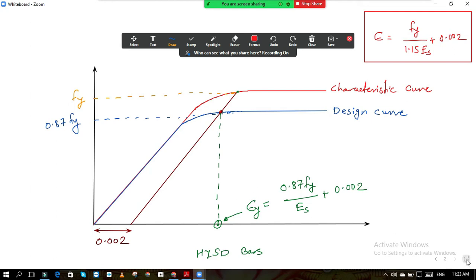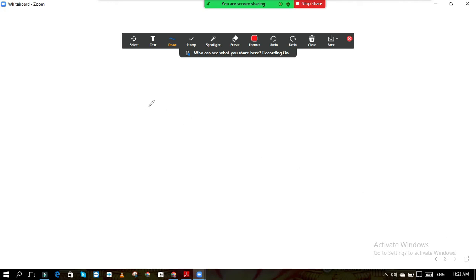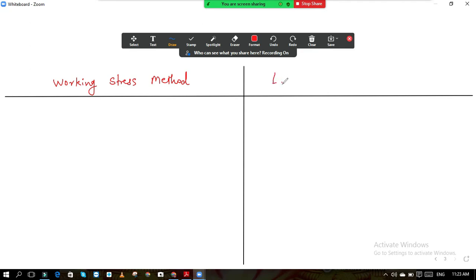Now next I will give you some points of difference between the working stress method and the limit state method, and then we will take the question answers. First make two columns: the first is the working stress method, the second is the limit state method.